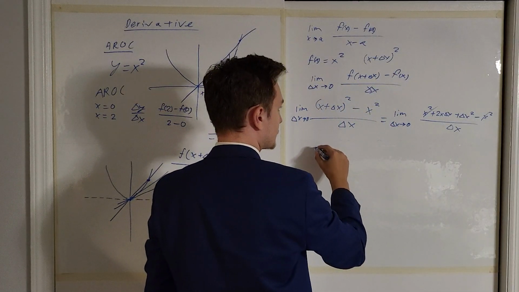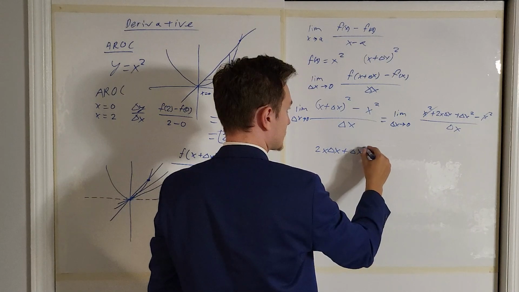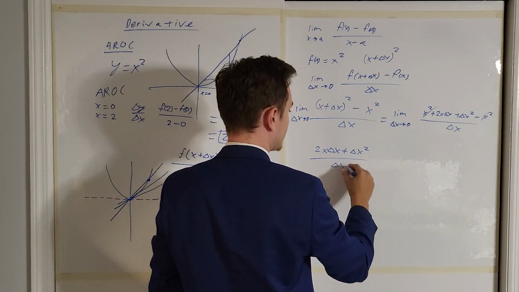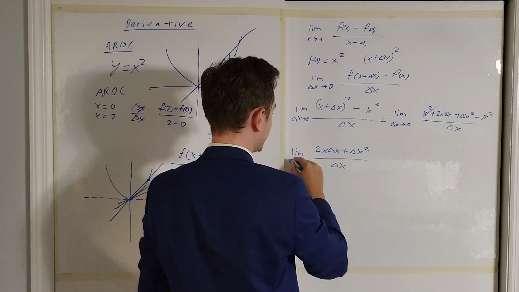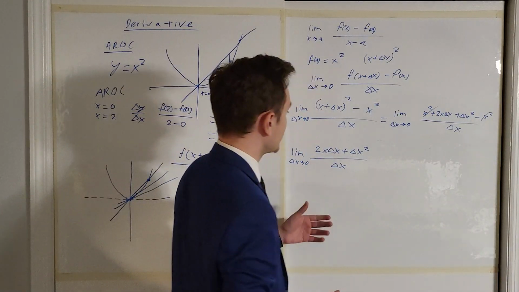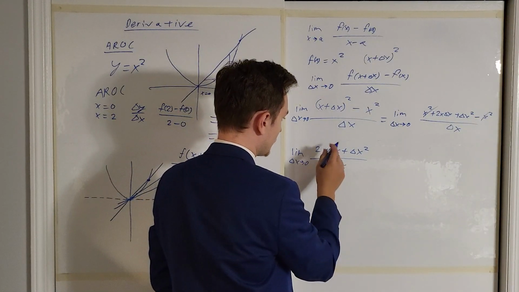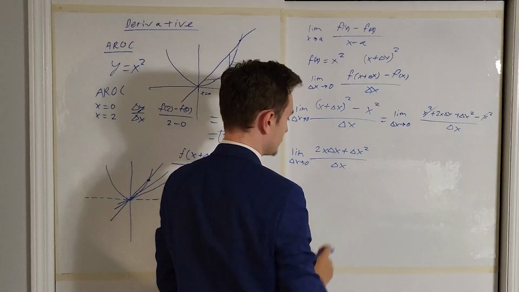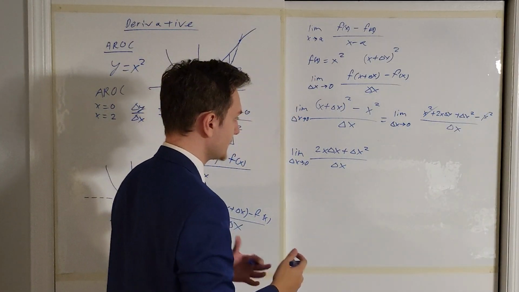So now I'm going to be left with 2x delta x plus delta x squared all over delta x. So this is equal to the limit of delta x going to 0 of this term. Now let me try direct substitution. I plug in delta x equals 0, this term becomes 0, this term becomes 0, this term becomes 0. I got a 0 over 0 indeterminate form again.